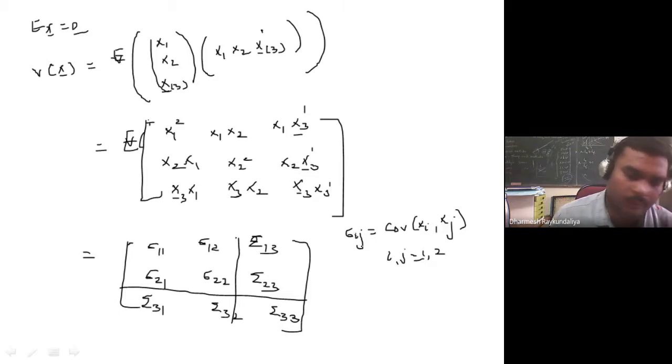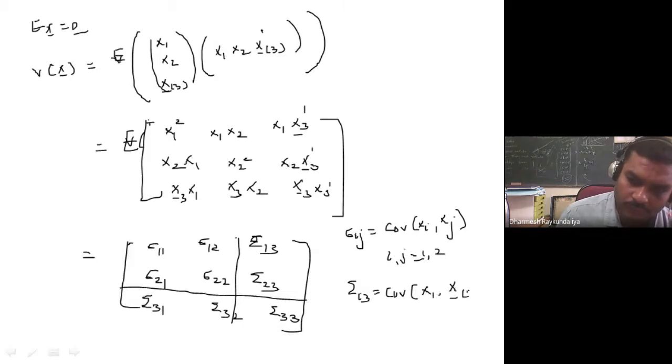It is known as sigma 1 1. If I am saying sigma 1 3, it is nothing but the covariance, or the expected value, of x1 comma x3 transpose. And if I am saying sigma 3 i, it is nothing but the covariance between x3 and xi.